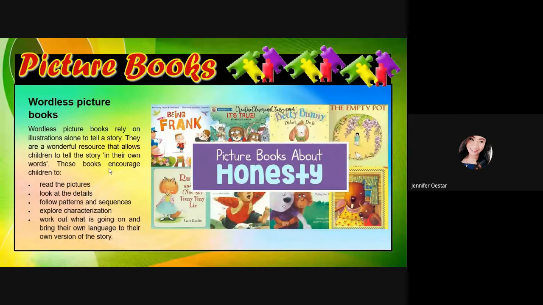So probably if a child has pictures on the book, no text at all, the child could have different interpretations of the story because it depends upon his imagination on how he could react or how he could make the flow of the story. So children read the pictures, look at the details, follow patterns and sequences, explore characterization, work out what is going on, and bring their own language to their own version of the story.